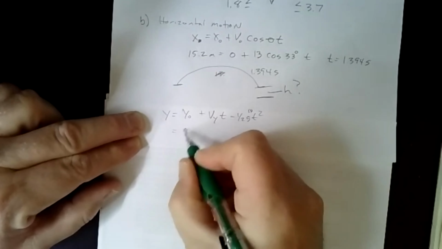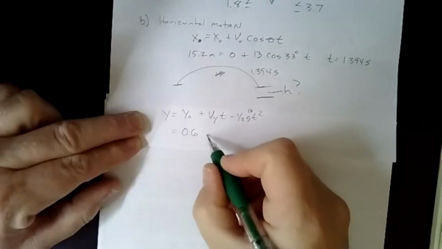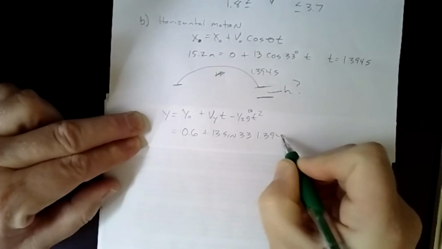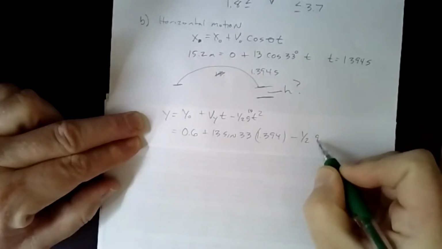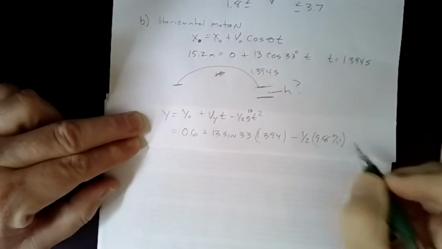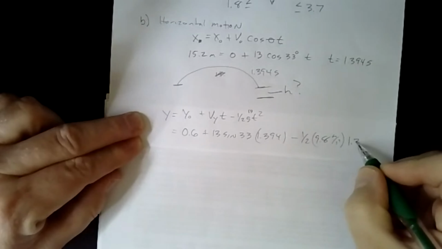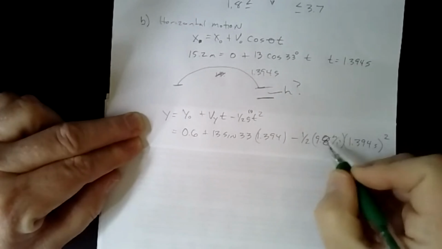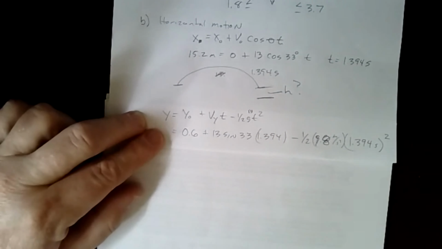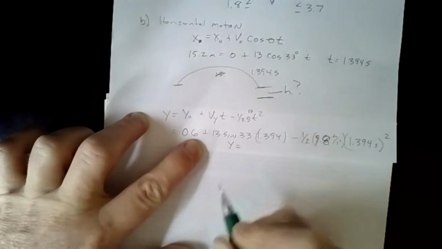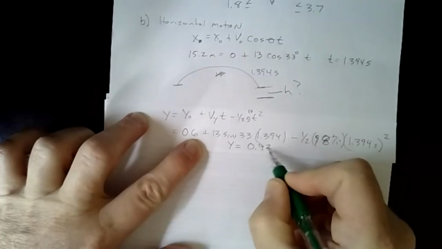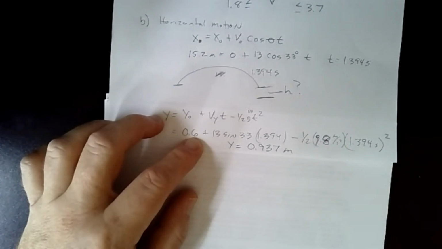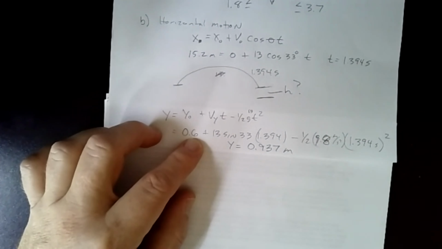We have its initial height is 0.6, plus 13 sine 33 times 1.394, minus 1/2 times 9.8 meters per second squared, times the time again, 1.394 seconds squared. There we go. Sorry, my chicken scratches. And so we get a y value equal to 0.937 meters. And that's reasonable. That's a little under 3 feet, or around 3 feet. And so that's a reasonable place for the ball to land.